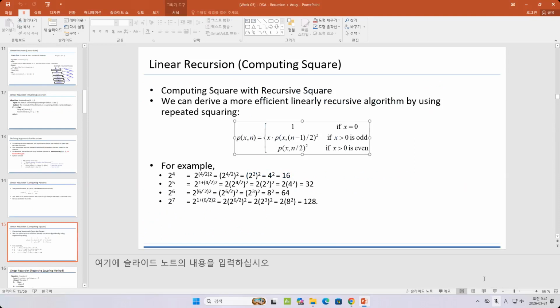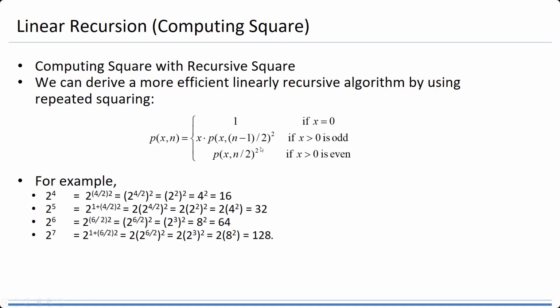Oh, okay, I will change it later. So if n is 0, then we just make it 1. If 2 to the power of 0, then it will be 1. So this should be n.